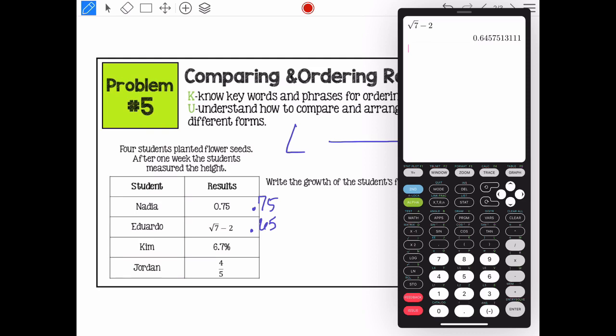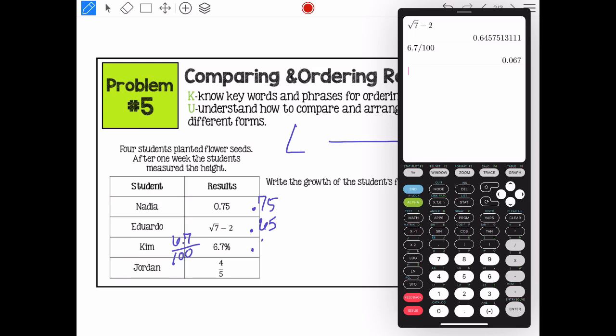So we still want to write 6 7/10% as a decimal. So if you remember from 6th and 7th grade, if it's a percent, it's going to be over 100. So this is our fraction. So we want to take 6 7/10, divide it by 100 to turn it to a true decimal.